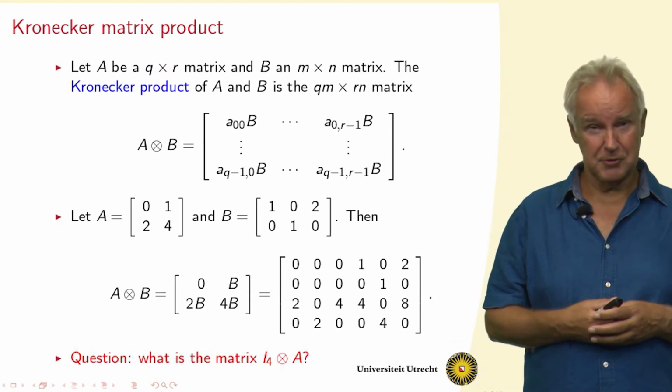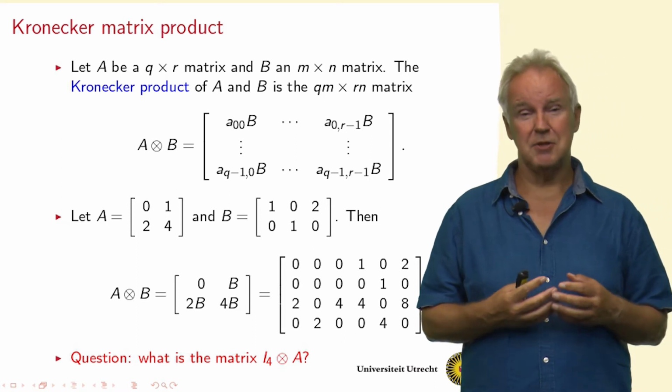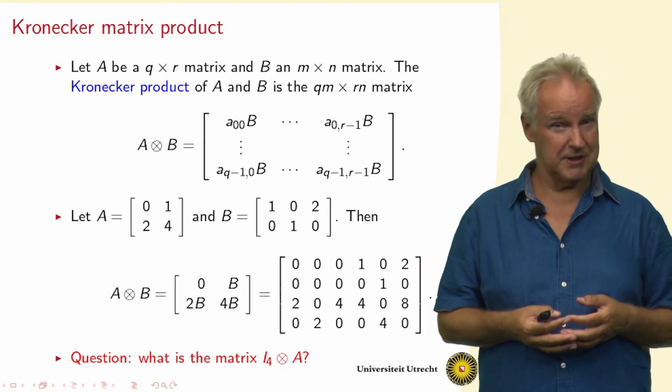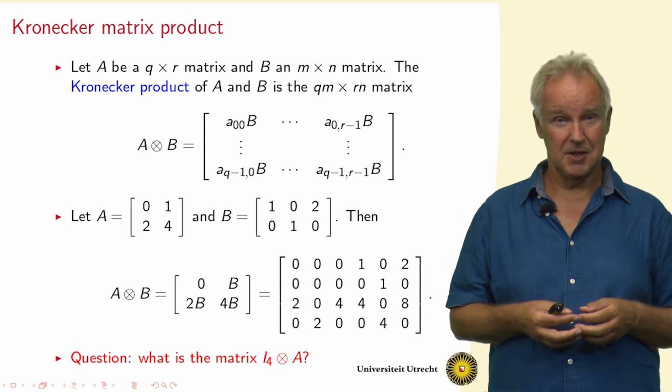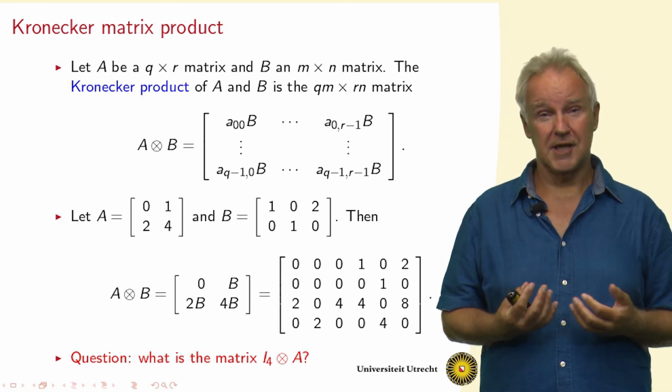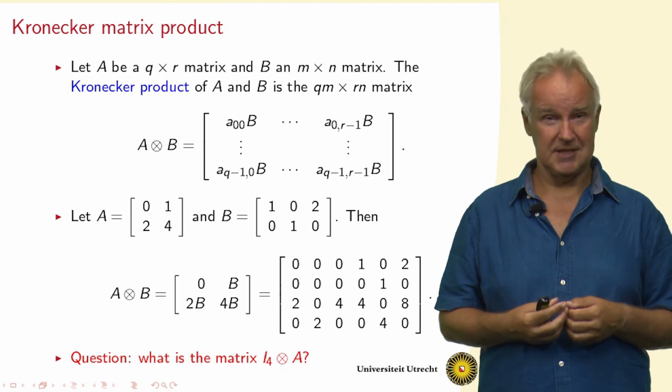Another useful notation for matrices is the multiplication of two matrices, but not in the conventional linear algebra sense, but in the Kronecker or tensor product sense.